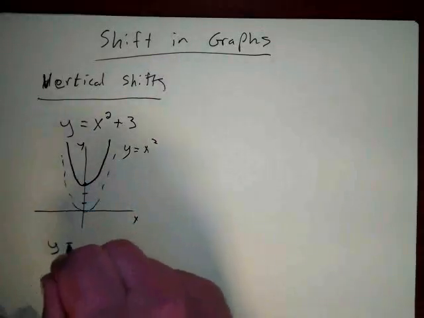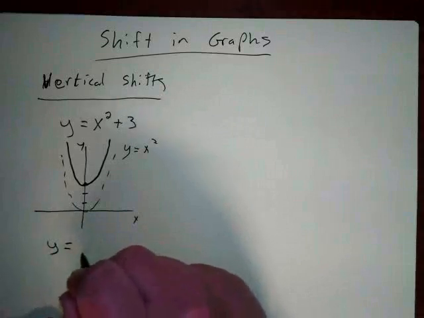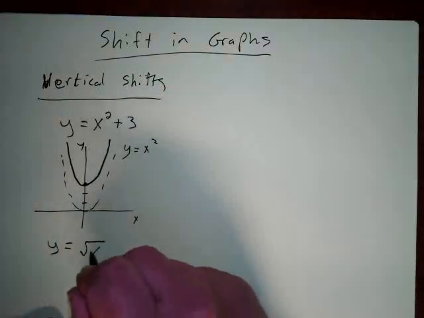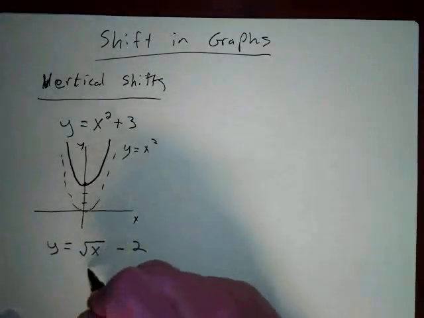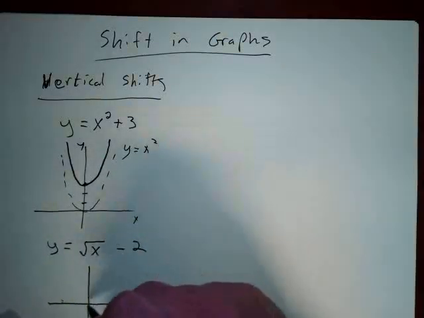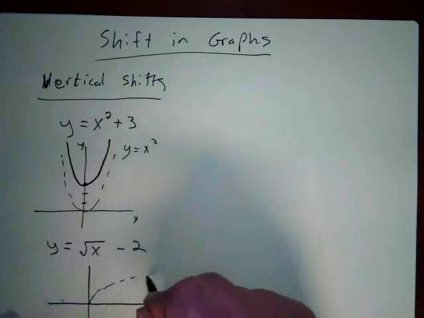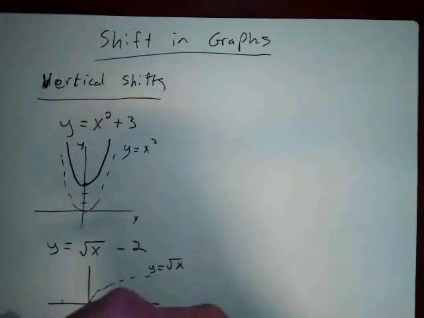So let's say I have y is equal to, we'll say, the square root of x minus 2. Well, this is like the normal square root of x. Y equals square root of x. The minus 2 is going to shift it down.